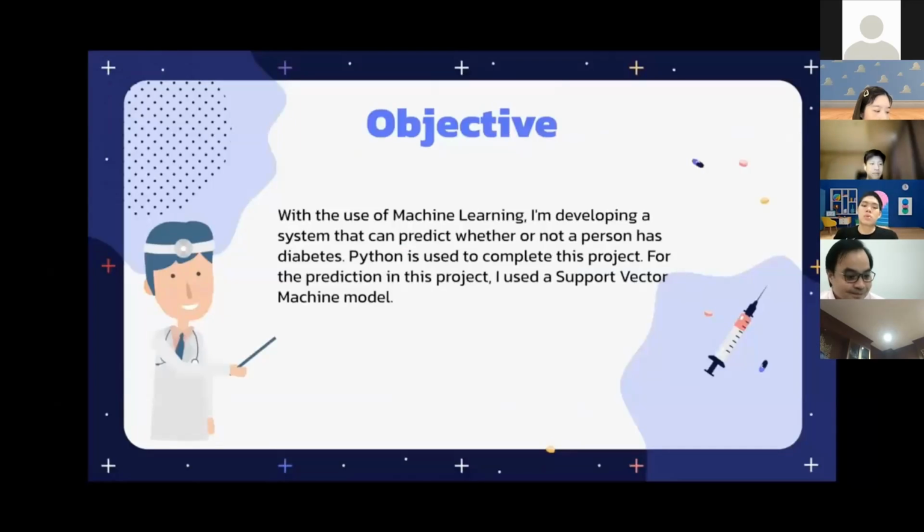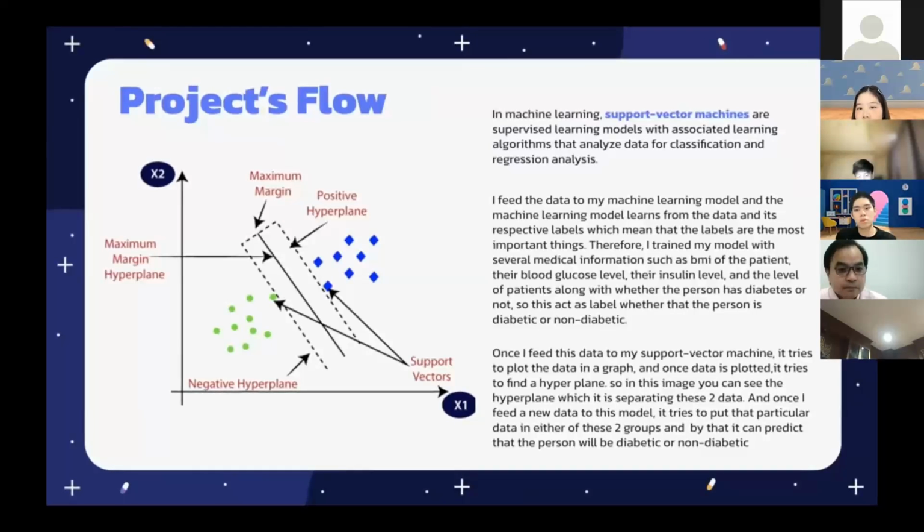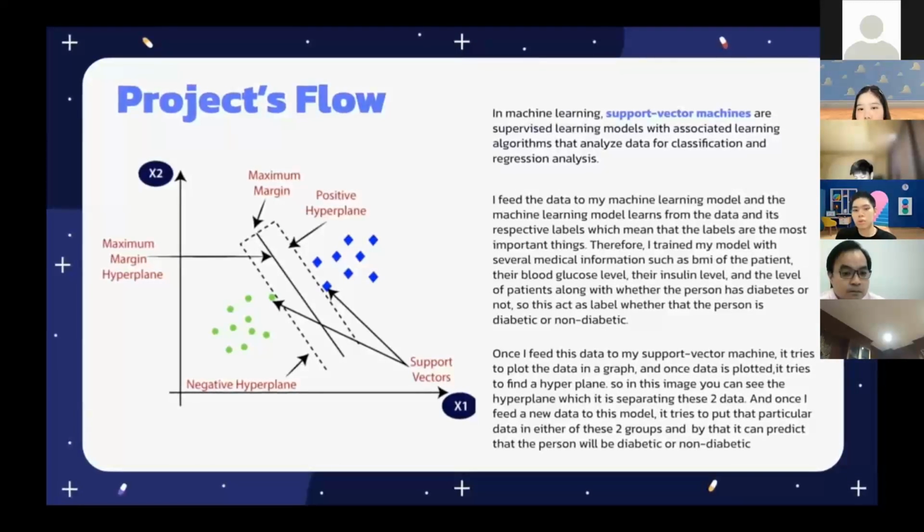With the use of machine learning, I'm developing a system that can predict whether or not a person has diabetes. Python is used to complete this project, and for the prediction in this project, I use a support vector machine model. In machine learning, support vector machines are supervised learning models with associated learning algorithms that analyze data for classification and regression analysis.